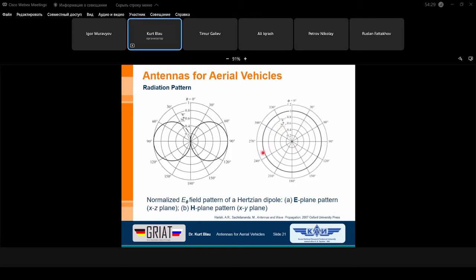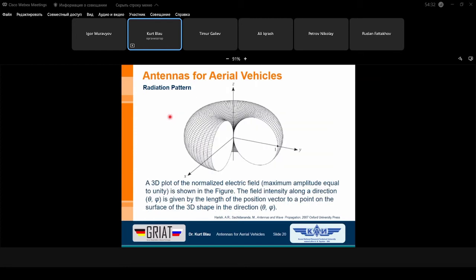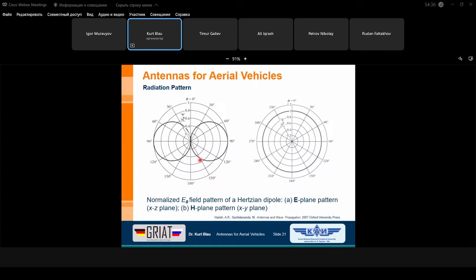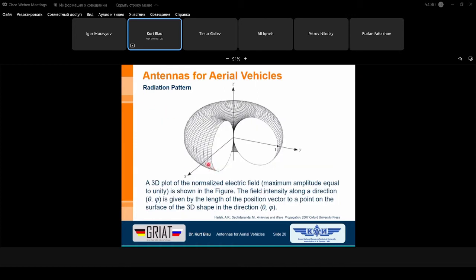Yeah, and if we look again, let's say, at this figure, this I have explained, and now we make a cut in a perpendicular direction, meaning we make a cut in the XY plane through this toroid, through this figure. In the middle here, the diameter is 0. It's a toroid with an inner diameter of 0. It's at least only the diameter of the dipole, but it also goes to 0.